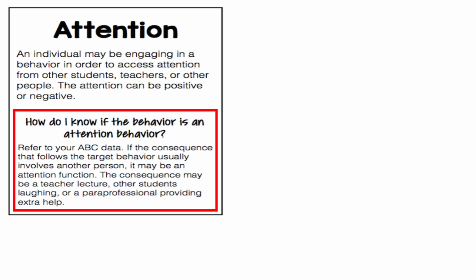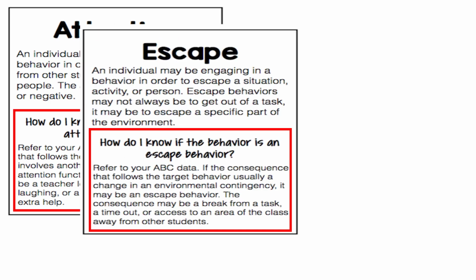Also, if you notice with the antecedents that an antecedent has something to do with a teacher helping other kids or not providing any type of attention to the kid, then that's also a sign that the function is attention. So you want to look for, in your antecedents, is he not getting attention? And then he engages in the behavior, and then he gets attention from another person. So if the consequence involves another person, you would look at maybe a function of attention.